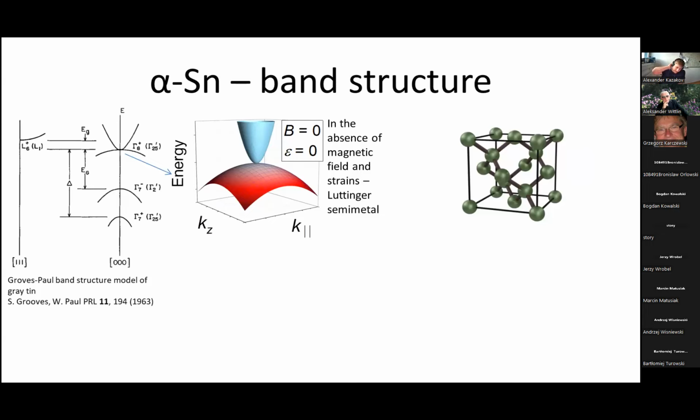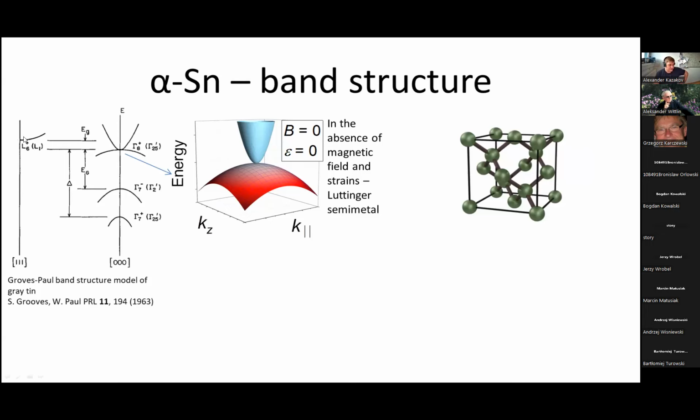But first, let's take a look at how the band structure of gray tin looks. This is the accepted Groves-Paul model for gray tin, which has a conduction band touching the heavy hole band at the gamma point. The light hole band is lying further down.